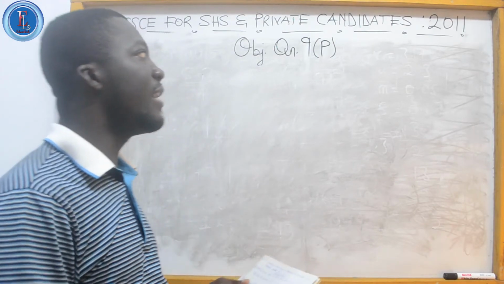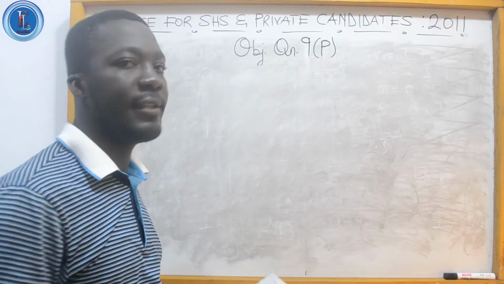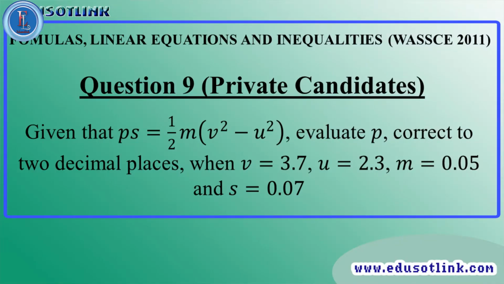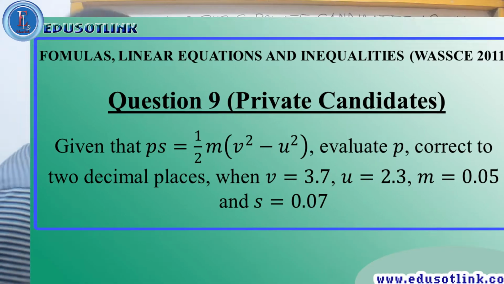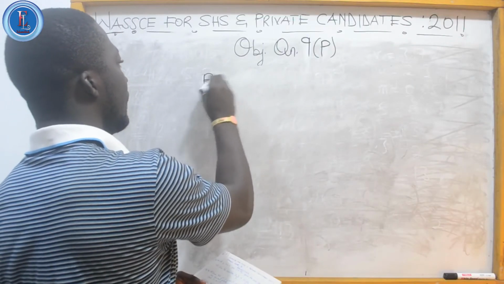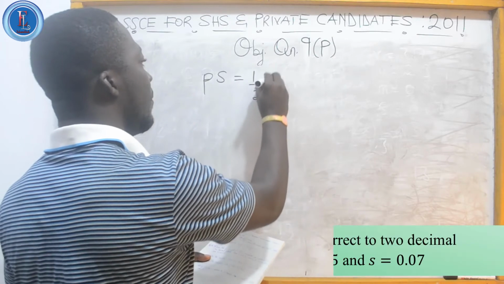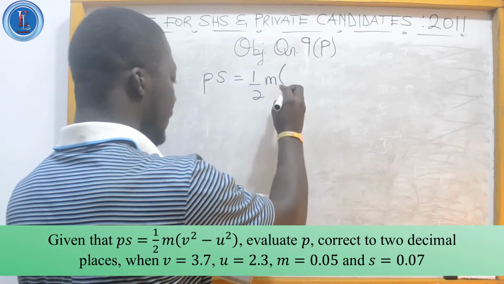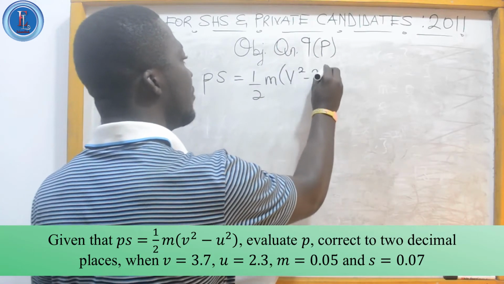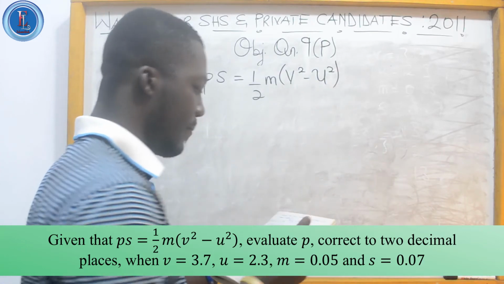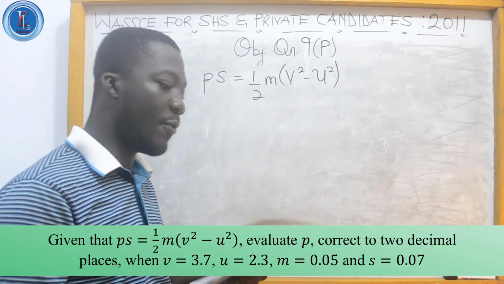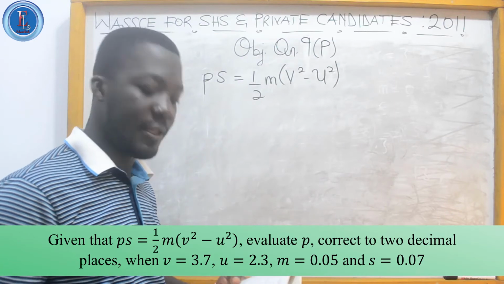Objective question 9 for private candidates. The question says, given that PS is equal to half m into bracket v square minus u square. Evaluate P correct to 2 decimal places.